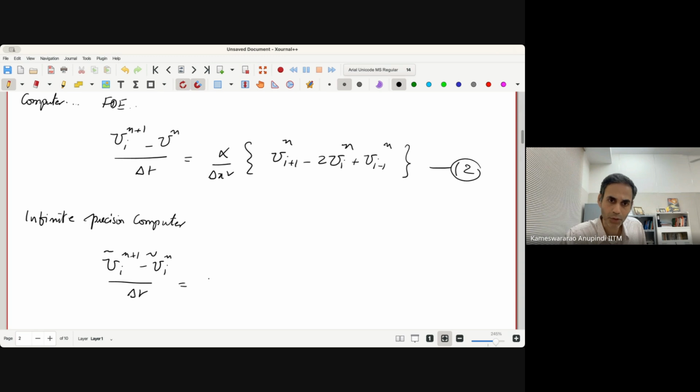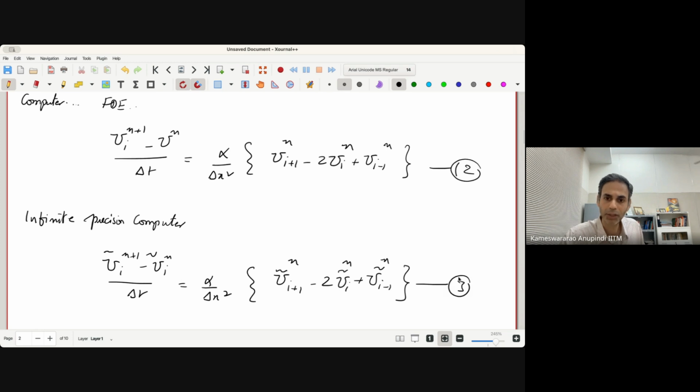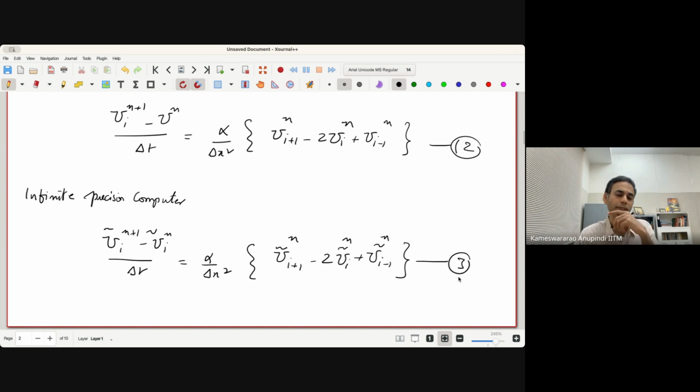It is also going to satisfy the same equation: u tilde I plus 1 minus 2 u I tilde plus u I minus 1 tilde, all of them at nth time level. Let's call this equation 3. Essentially both u and u tilde are going to satisfy this finite difference equation. Only the solution you obtain eventually is different, because one of the computers is finite precision and the other is infinite precision. That is the only difference.